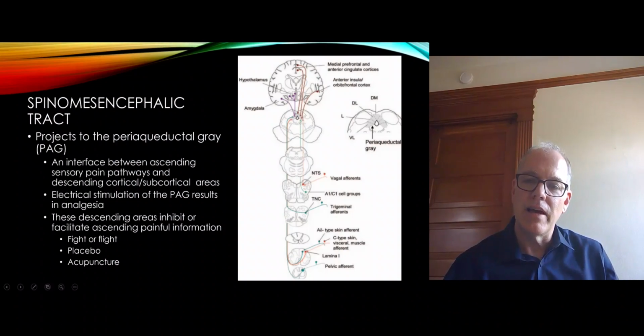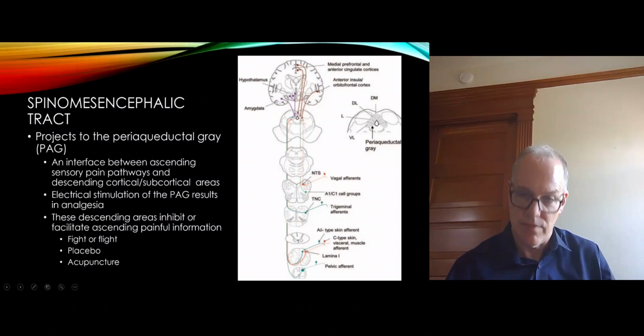We know that electrical stimulation of the periaqueductal gray diminishes pain. There's analgesia. And so what happens is these descending connections with the periaqueductal gray, and this is very complicated. I decided not to go into these different areas and different zones of the periaqueductal gray.